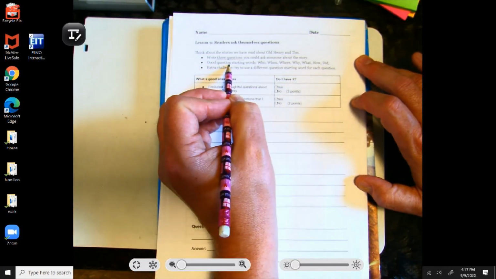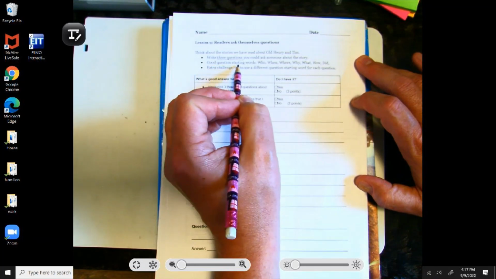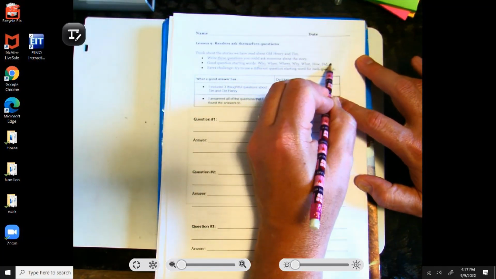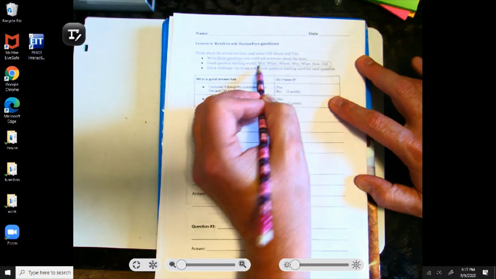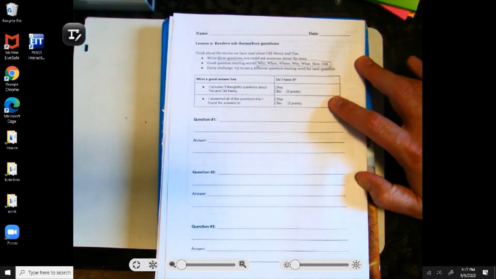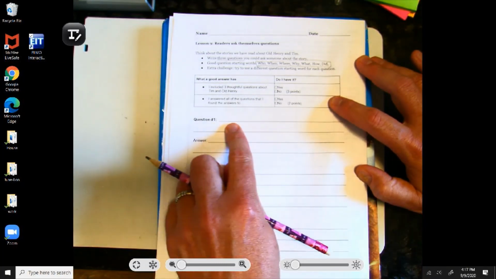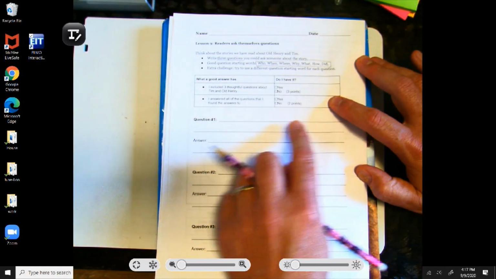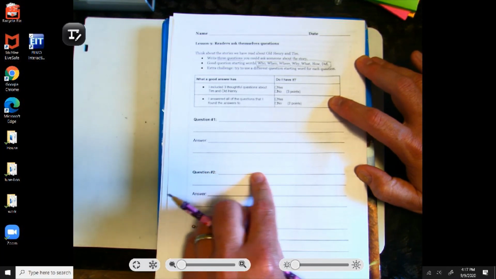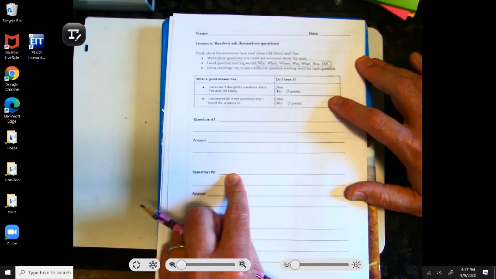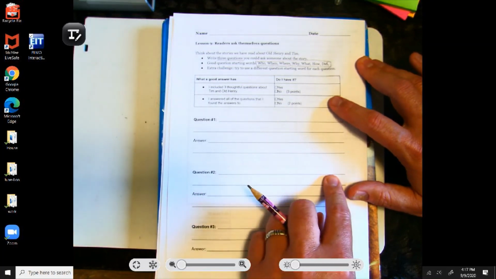Good question starting words. So here are some good words to start. If you're having trouble thinking about the first word of your question, those are some good question starters, right? Like who, or when did, where did, how.